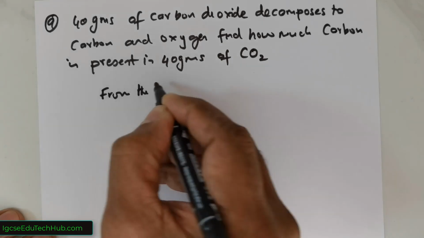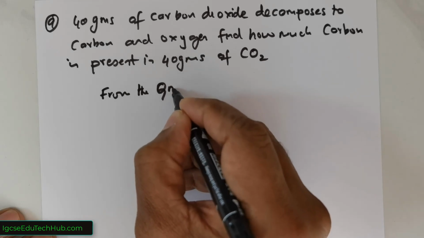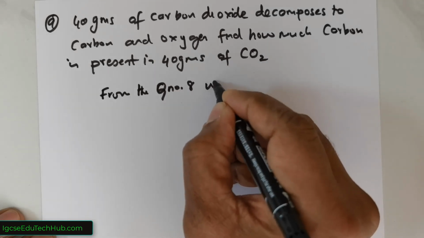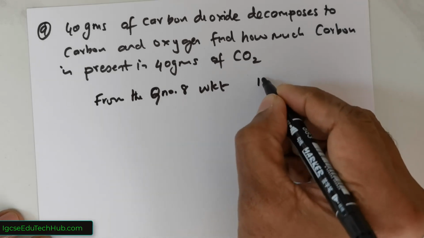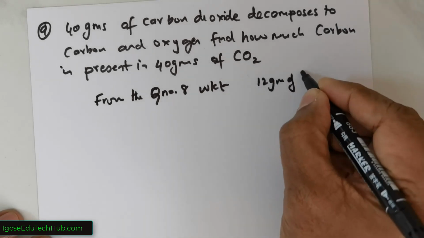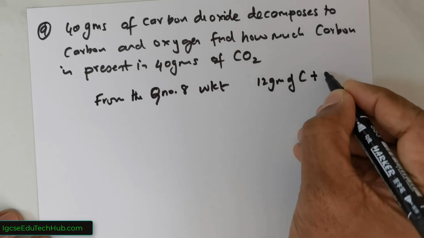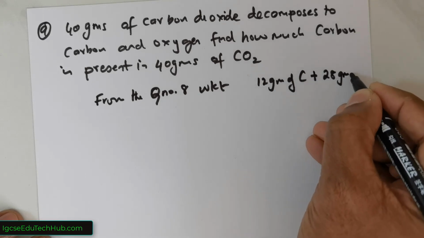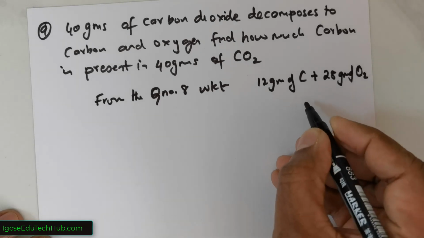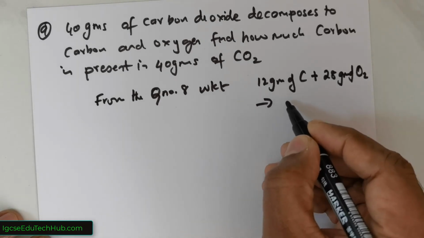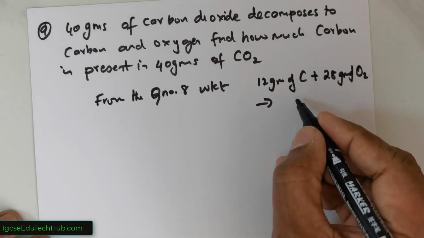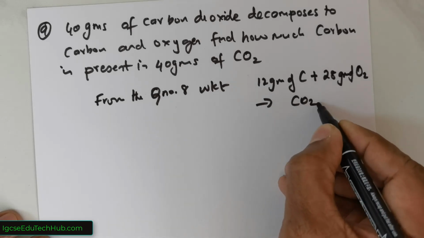From question number 8, we know that 12 grams of carbon combines with 28 grams of oxygen to give us a certain quantity of carbon dioxide.